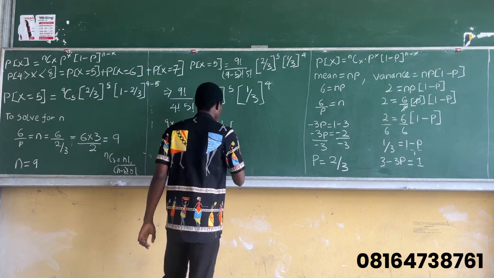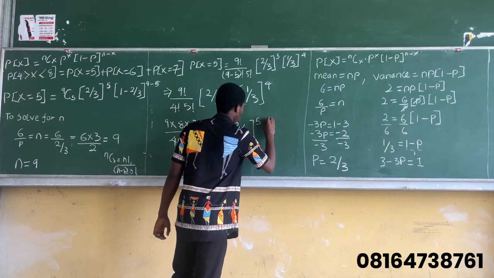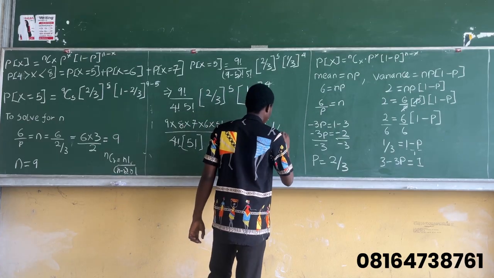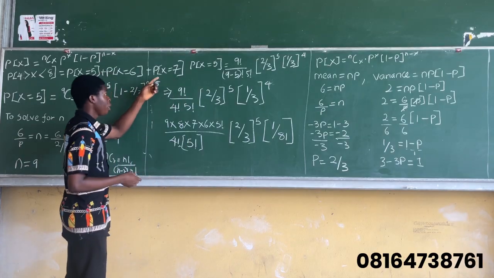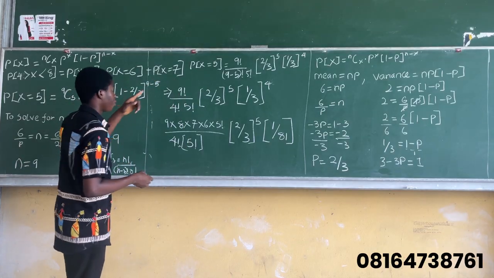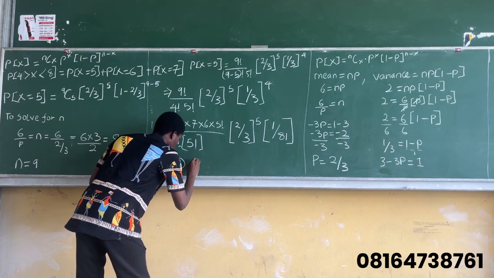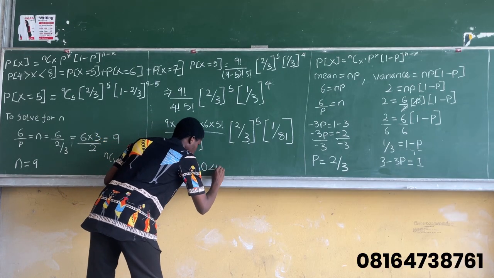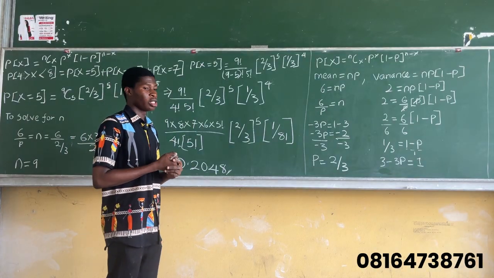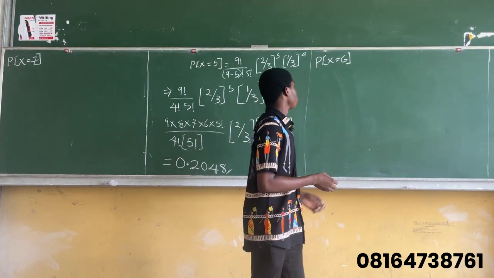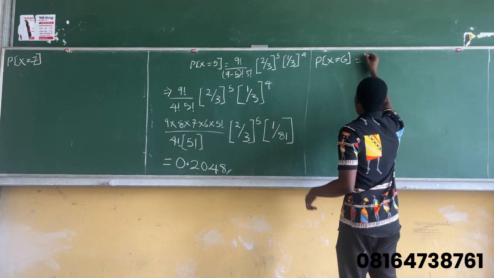You're just basically multiplying all the numbers that are behind the initial number, which is 9. So that is the way factorial works. So this 2 over 3 to the 5, times 1 over 81. So what do you get as the answer for P of x equals 5? 0.2048. Okay, we'll be doing the same thing for x equals 6. So n is equal to 9.